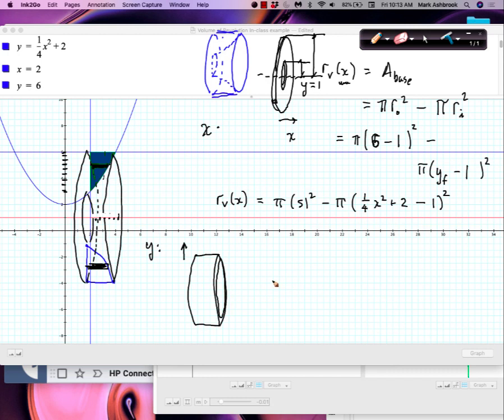Therefore, the rate of change of volume with respect to y is the surface area of the rounded side, the surface area that I shaded. That's the face that's growing, or where the accumulation is happening. So the size of that is the rate of change. And what is that? 2 pi r h, circumference times the height.